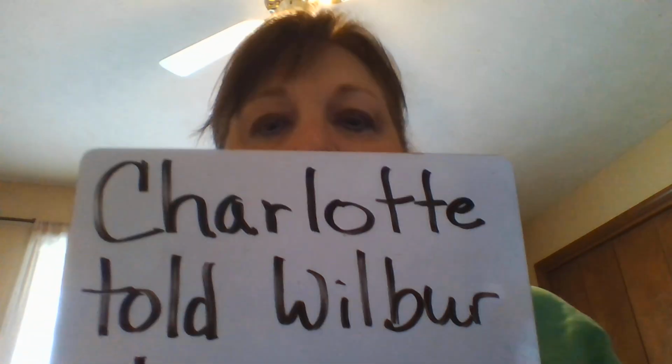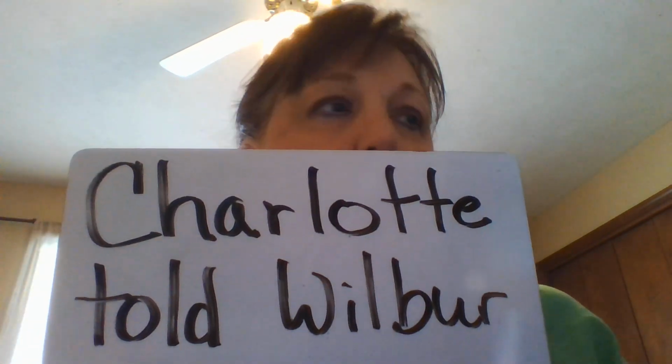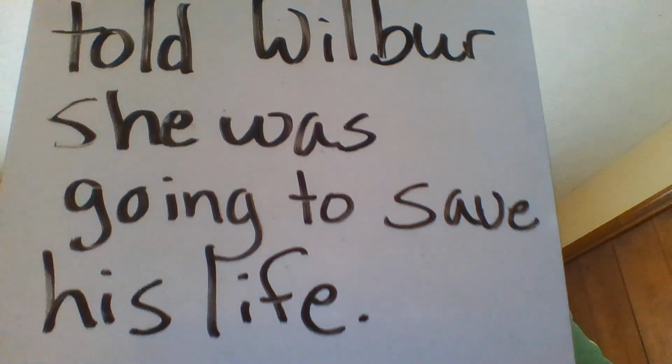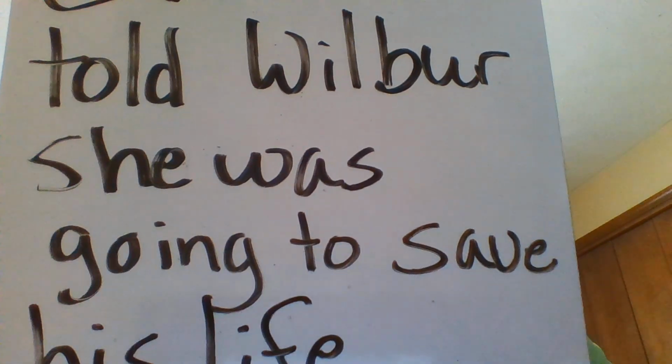And the reason that that is an example of personification is that Charlotte is a spider, and spiders cannot talk. So down here at the bottom, I'm going to draw a web. And I'm going to put Charlotte on the web up here. Kind of hard to see her.